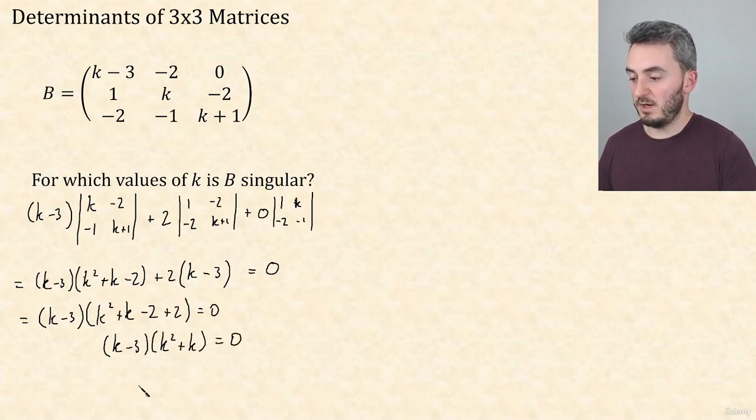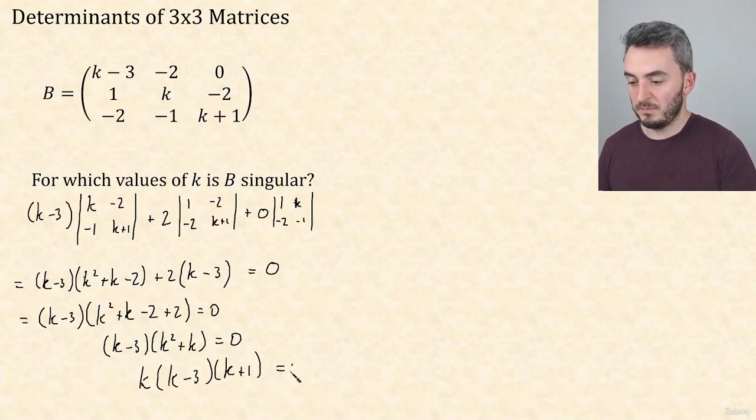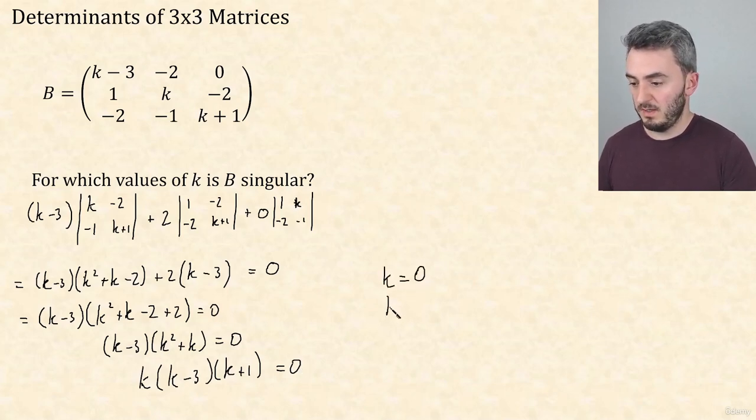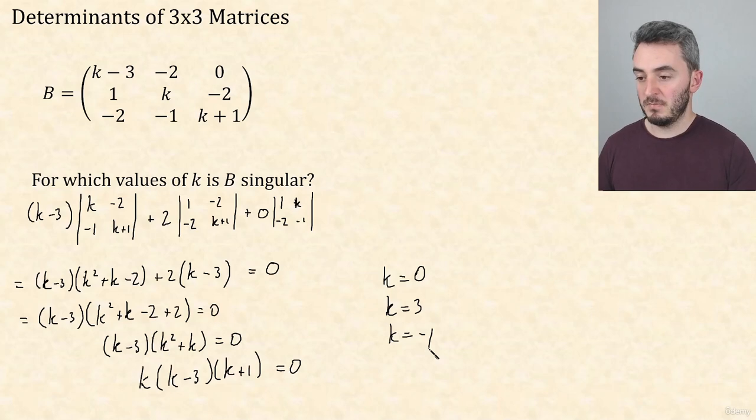And I can factorize out a k from that. So it's k times k minus 3 times k plus 1. So the values of k for which this is singular are k equals 0, k equals 3, and k equals minus 1. Now, that's a good thing to check, and I'd recommend you check that sort of thing with a calculator, and I'll show you how to do that in the next video.